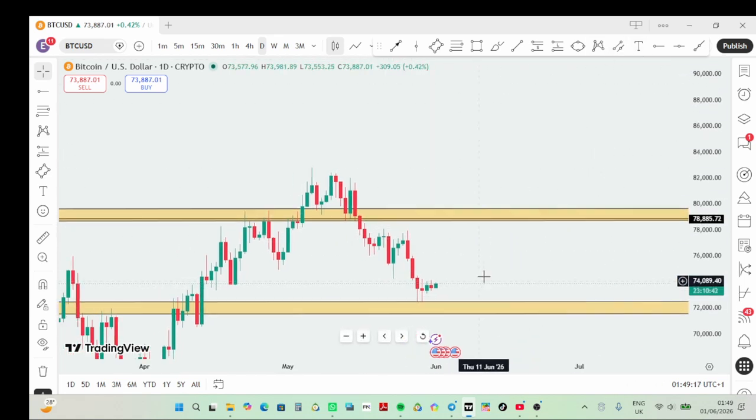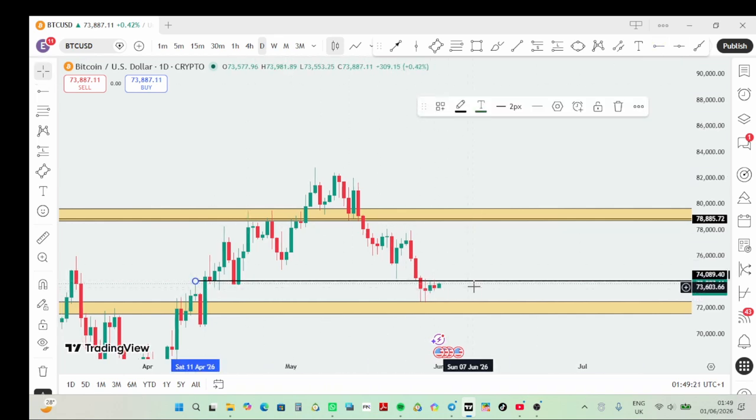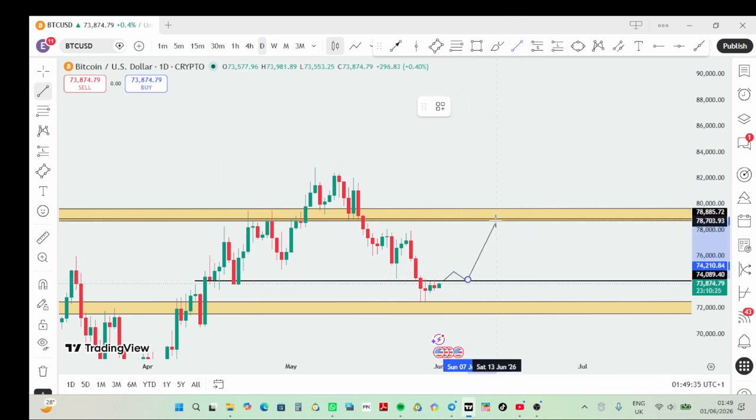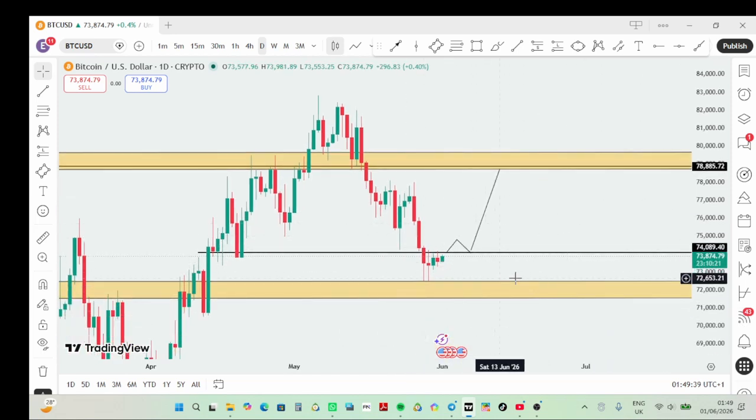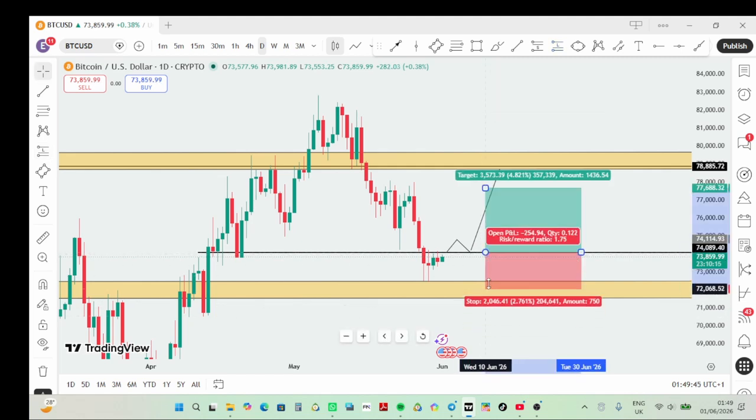So conveniently, I want to see the market bouncing off this point before I join the market. I want to see it bounce off from here, retrace, and push up, so that I'll be more conservative in the market to avoid an early entry.